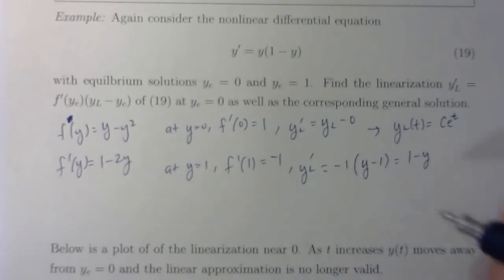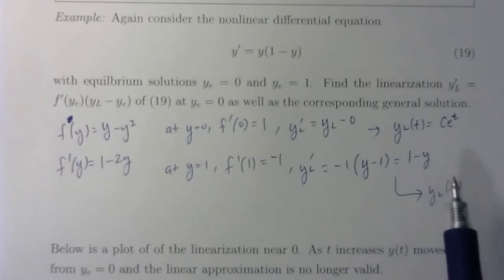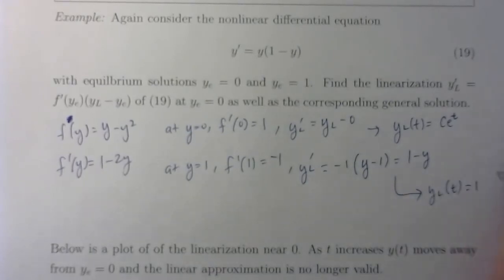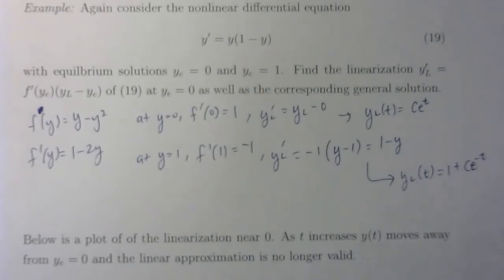And so what's the solution here? I have a minus in front of the y, so it'll be something like c e to the minus t, and then the equilibrium here is 1. So 1 plus c, oops, e to the minus t. There we go. Okay, hopefully that is clear there.